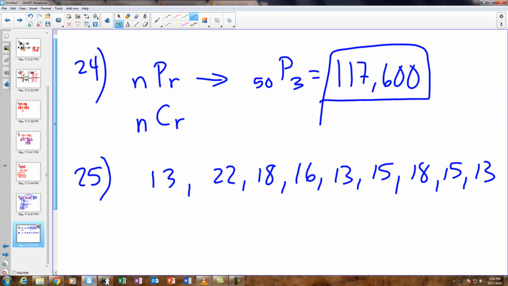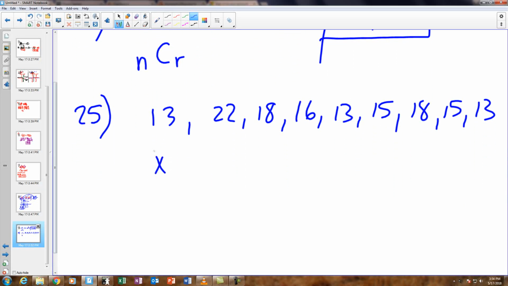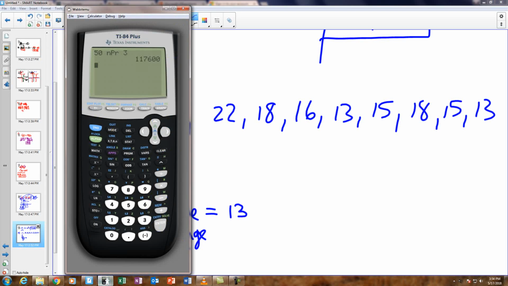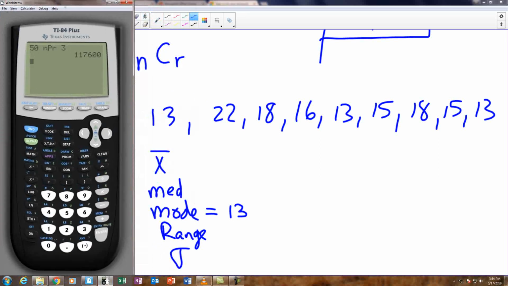And we're being asked to find the mean, the median, the mode, the range, and the standard deviation. Now, the mode is the most common. I can look at this list. I see 13 show up 3 times, 15 and 18 are only twice. So I can say that the mode is 13 without doing any calculations. The rest of it I'm going to put into my calculator and work there.